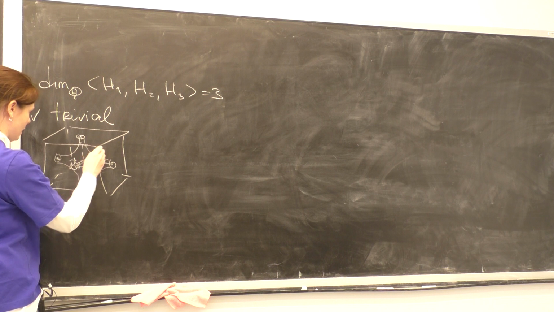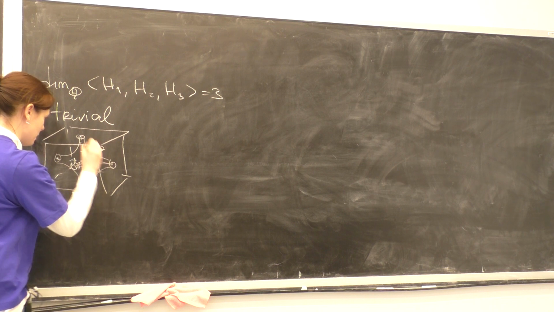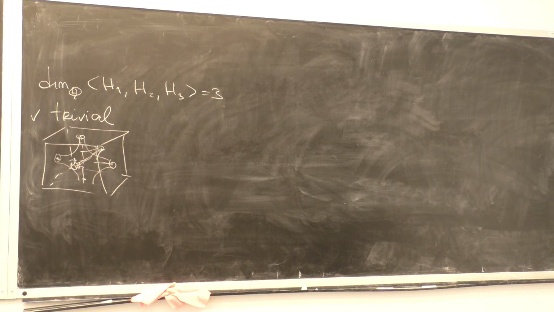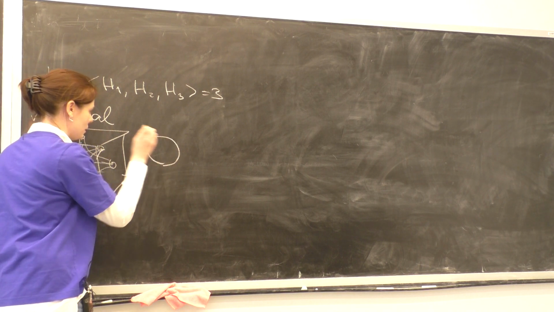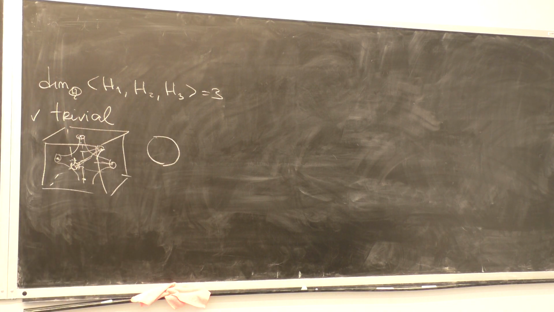Here is the nose, and here will be the last part. And so if you consider the section of such a surface by a plane which is parallel to the face of your cube, you will have as a section just some circle, and this corresponds to the trivial case if you start somewhere here.